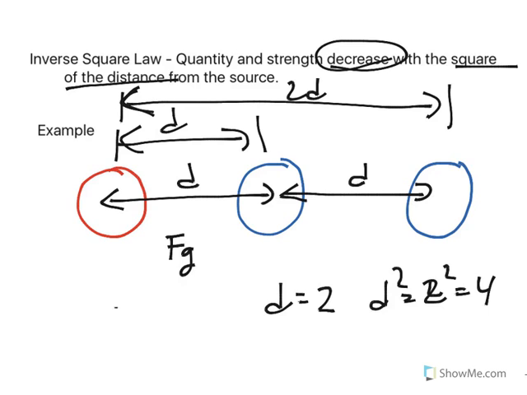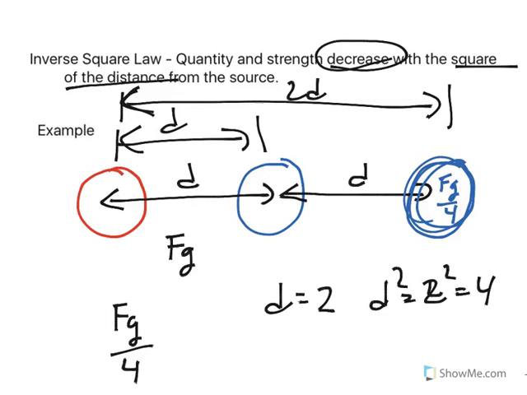Then the original force of gravity is going to be decreased by a factor of 4, and so the final gravitational force will be 1/4 the original gravitational force. So if you have this blue star out here, then the force of gravity is 1/4 the original force of gravity when it was a distance of d apart.